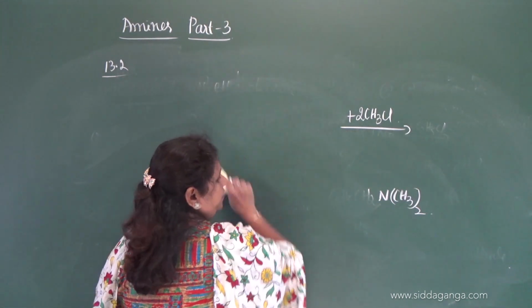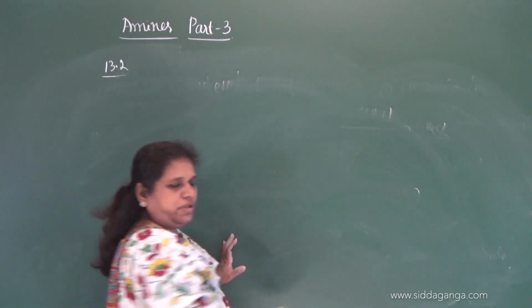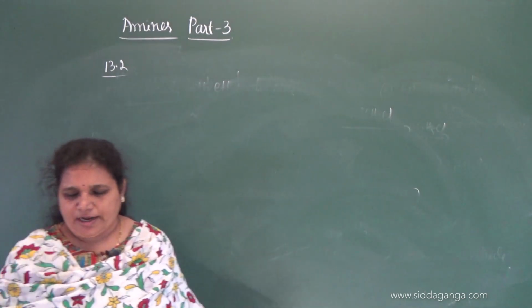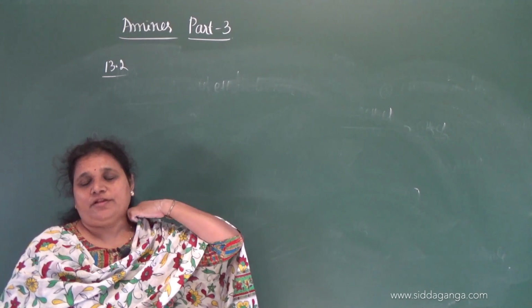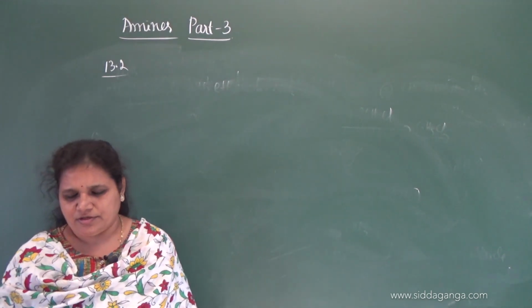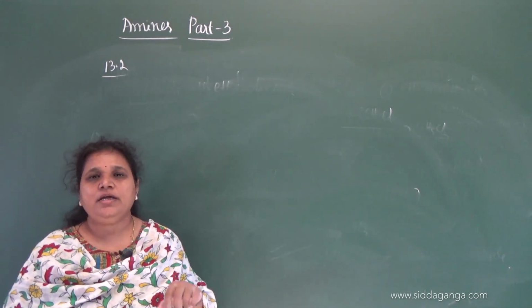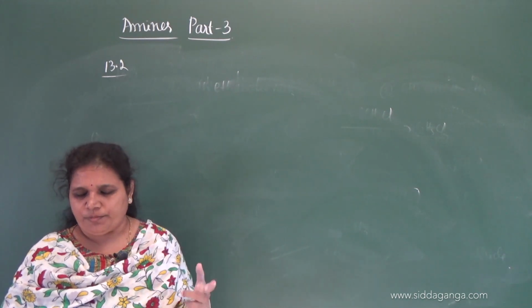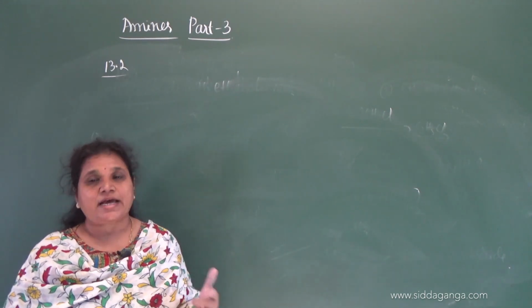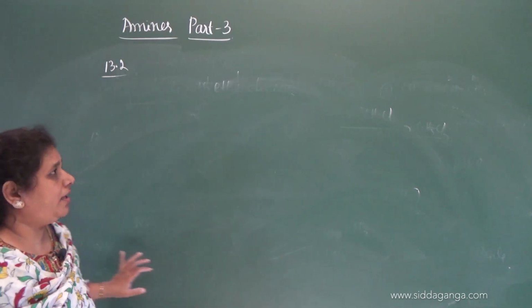What's the question given? Write the chemical equation for the following conversions. You need to convert ethyl chloride to propanamine, and benzyl chloride to 2-phenyl ethanamine.